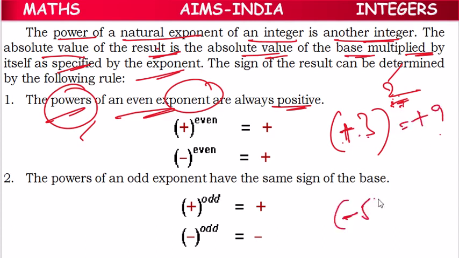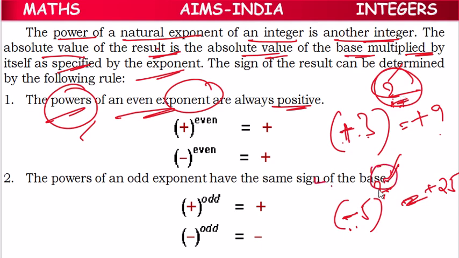Or minus 5 whole square. Here also the exponent is 2, which is even. At that time also, minus 5 into minus 5, so plus 25. Means if the exponent or power is even, you may have a positive number as the base or a negative number as the base, but the result will always be positive.